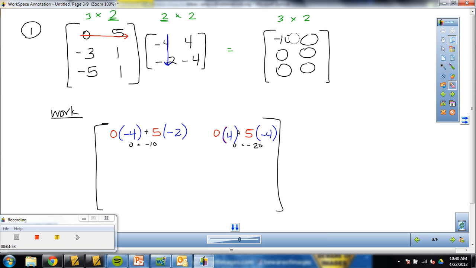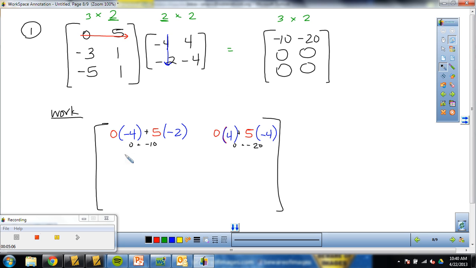So again, we're going to replace our answer space with the results of our matrix from row 1, column 2, we'll put the answer in row 1, column 2 spot. So we have negative 20.